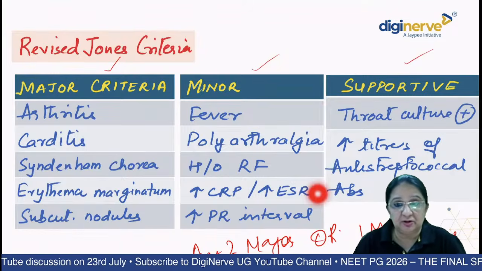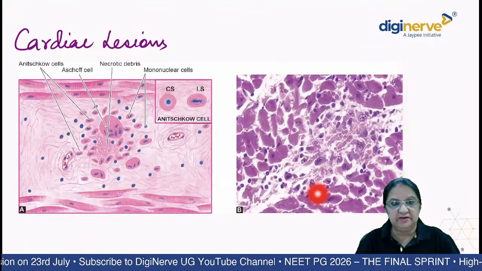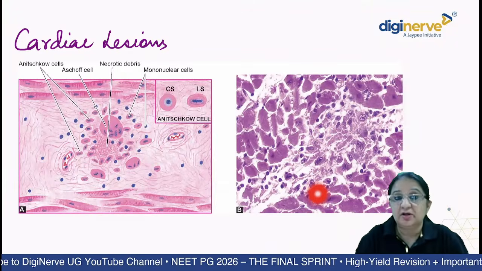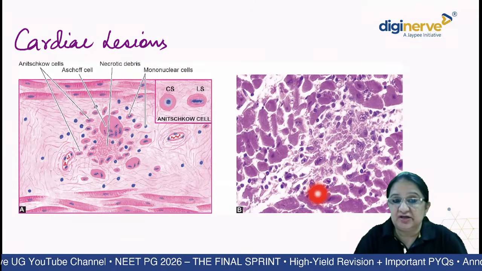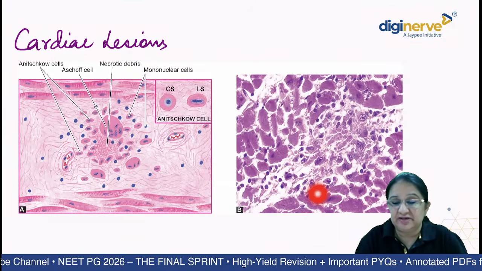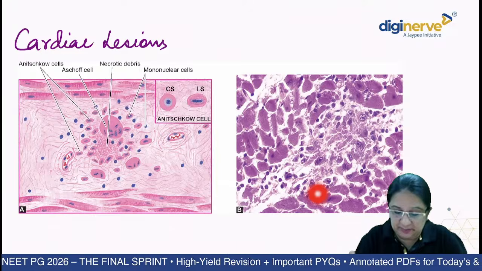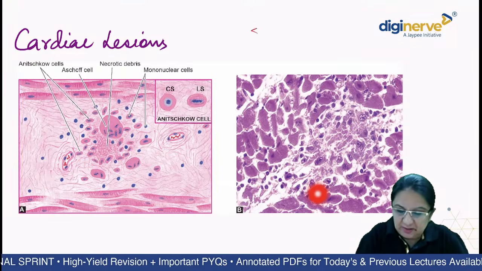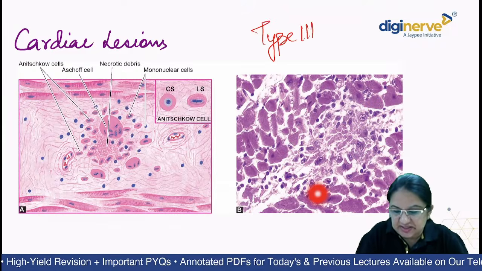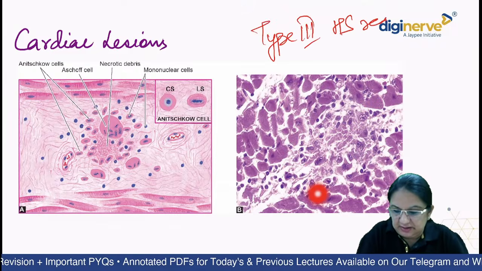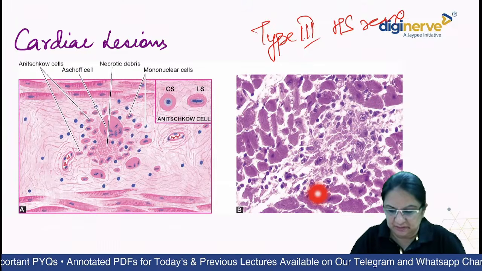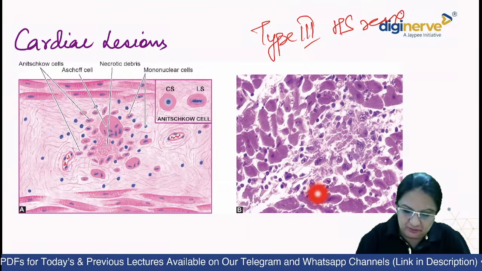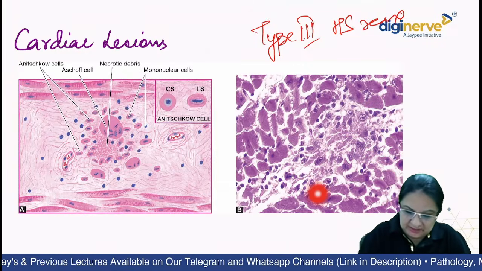Then the characteristic features you see: first of all, RHD is what type of hypersensitivity? If we go back to the class from day before yesterday, RHD is what type of hypersensitivity? You see type 3 hypersensitivity reaction. Okay, type 3 hypersensitivity reaction. And the pathognomonic lesion you see is an Aschoff nodule.